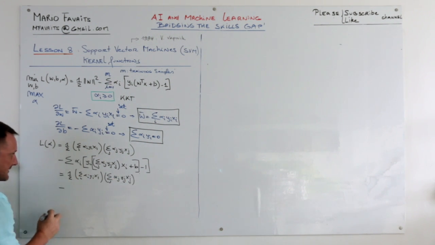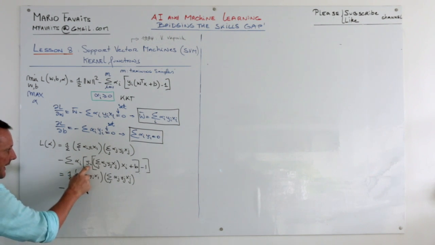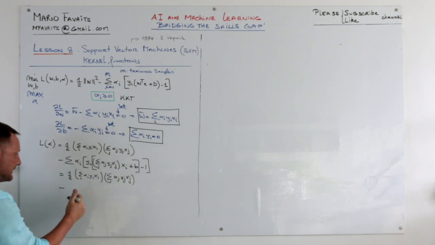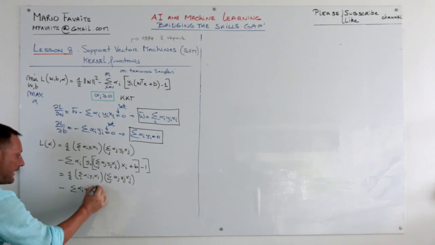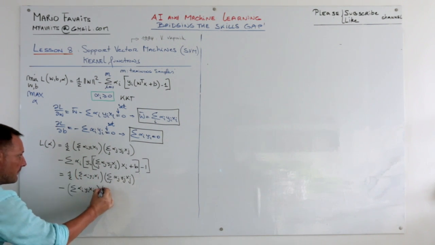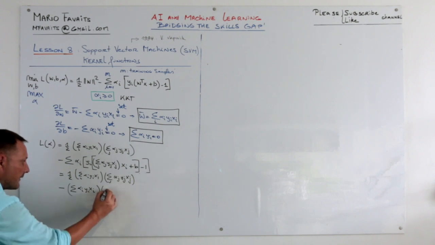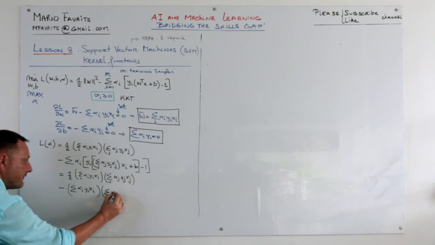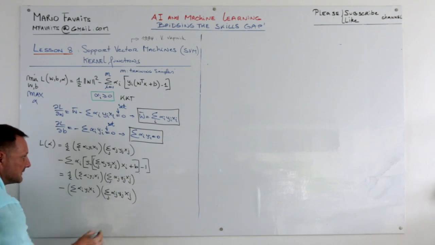And then minus, I have here the sum of alpha i, yi, xi, times the sum over j of alpha j, yj, xj.